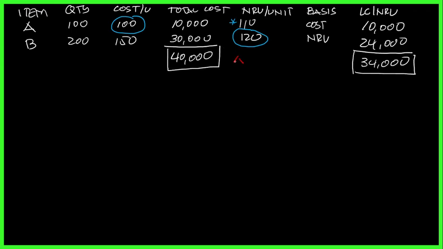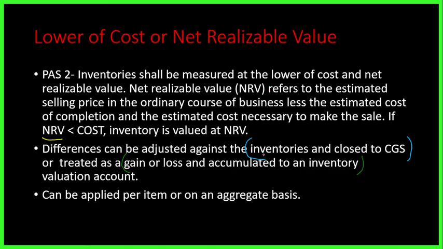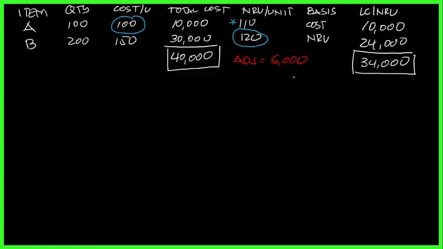What is now our adjustment? Our adjustment is now equal to 40 minus 34. You will now have 6,000. So earlier, when we go back, we said it can be adjusted against inventories and closed to cost of goods sold. So now the difference of 6,000 can be allocated to your inventories, inventory A and inventory B. But because you are doing item per item, it is better if your adjustment comes from the item per item also.